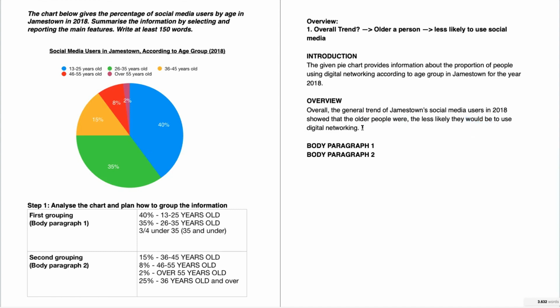A lot of students would probably confuse this and say that the older a person is, the less likely they would be. And that is not completely correct, because if you use a person for the first half of the conditional, you need to use the singular in your second half. So that would look like the older a person is, the less likely he or she would be.